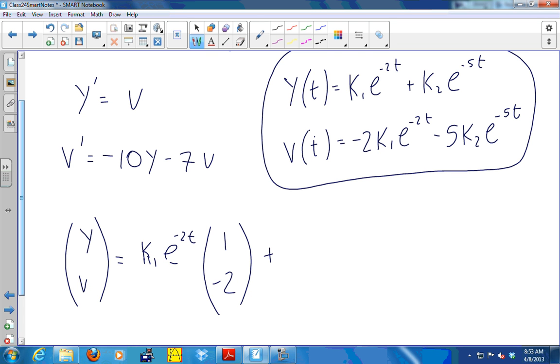And then both of my functions y and v have a k2 e to the negative 5t. So I'll put that outside. And then the coefficient on y is just a 1, and on the v is a negative 5. Yeah, so this looks an awful lot like e to the lambda t v, right? So these would be my eigenvectors, and my eigenvalues are negative 2 and negative 5.